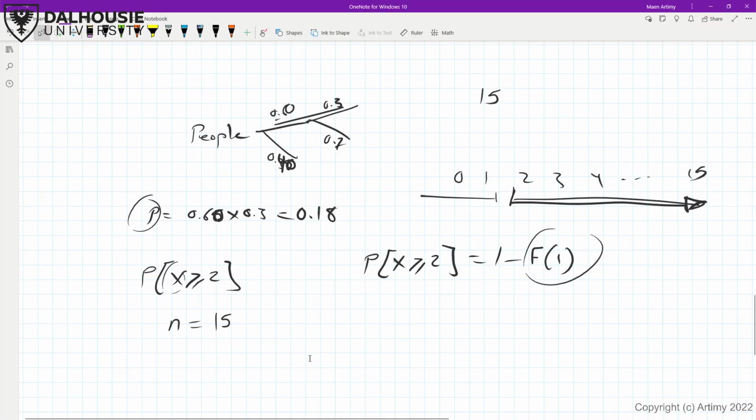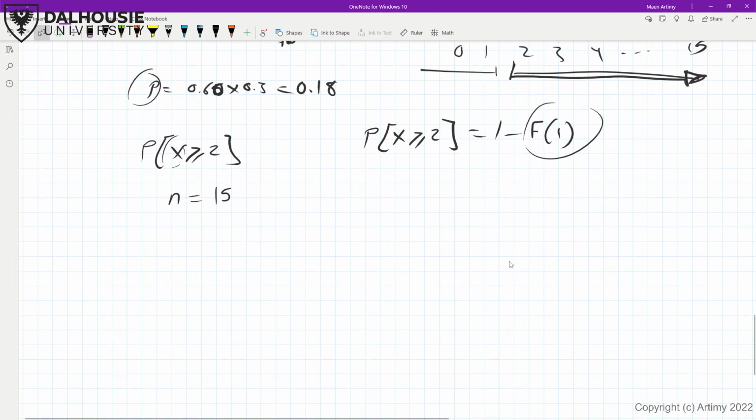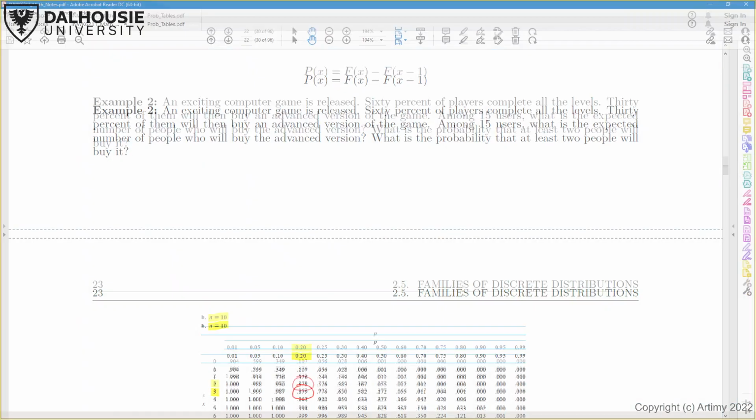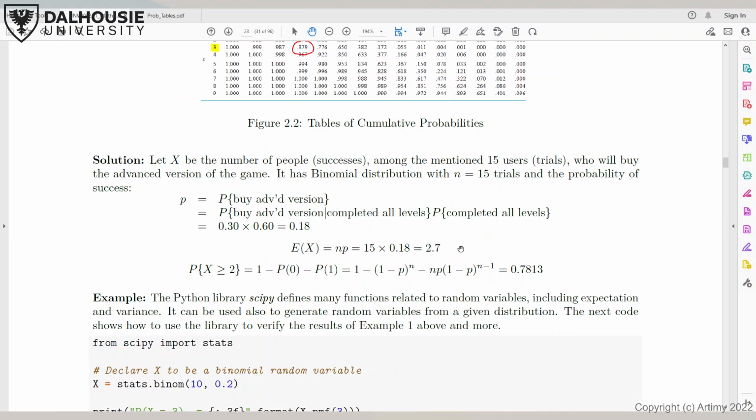If we apply the exact formula here, what we need to do is 1 minus (P0 plus P1). So the result will be 0.7813.